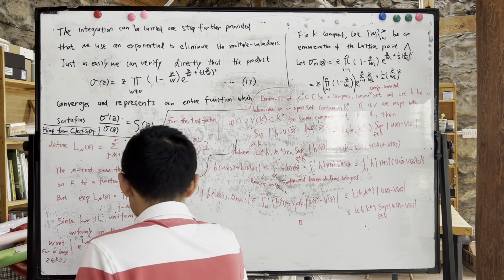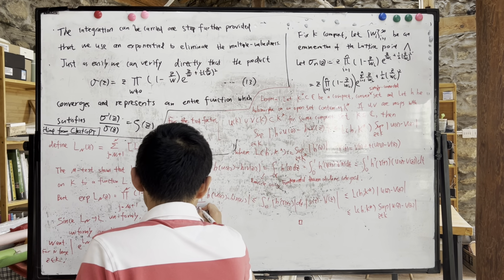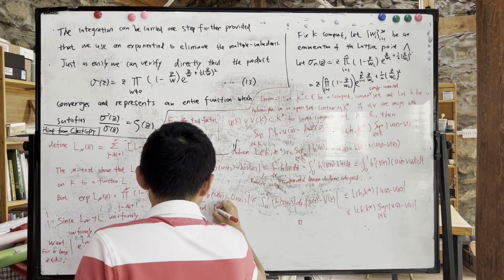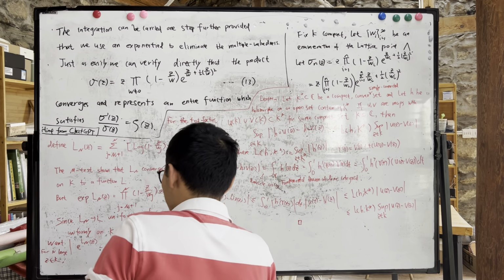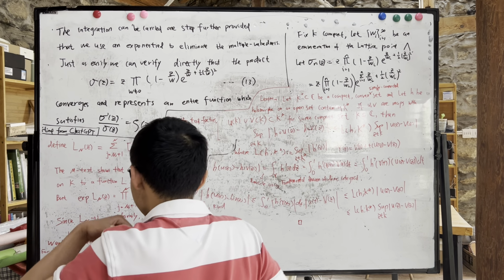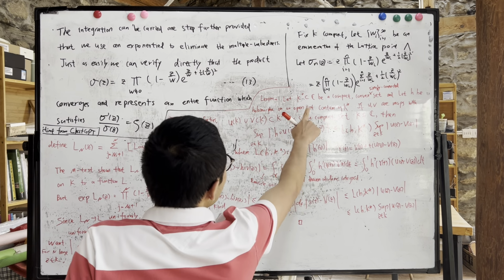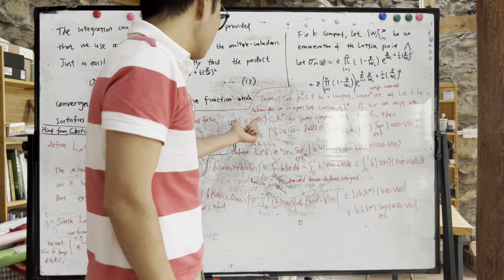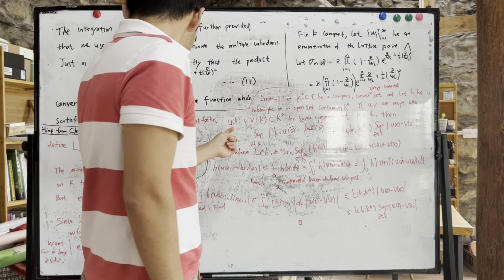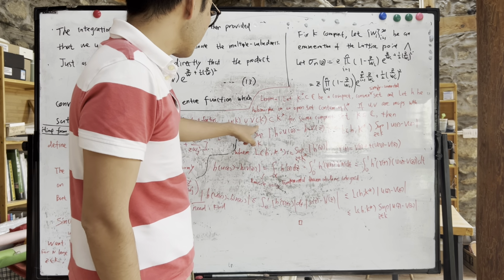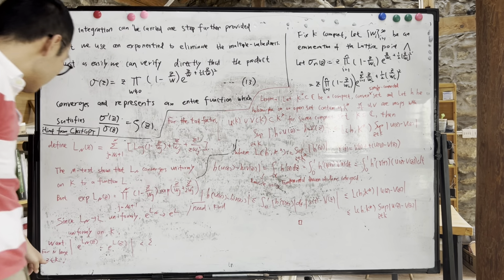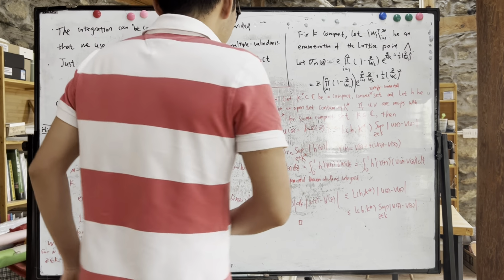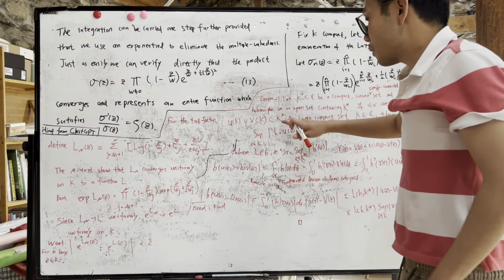So this is what we need. One condition to use this upper bound is that this uk and vk, this k is the same k. It should be the same k.